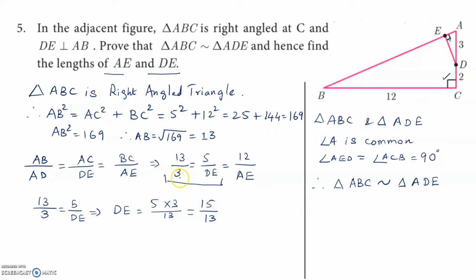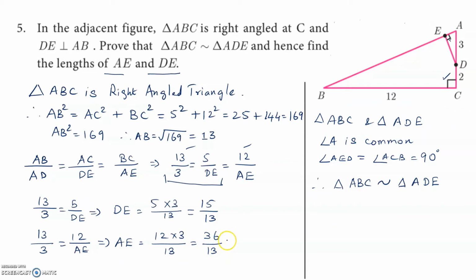Next, let's take this term and say 13 by 3 is equal to 12 by AE, which implies our AE is equal to 12 times 3 over 13, and that is 36 over 13.